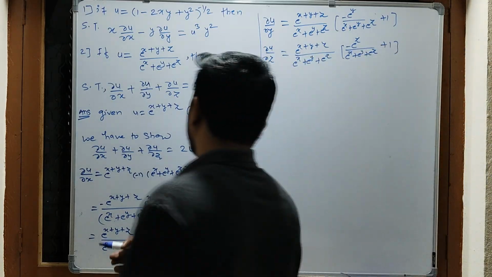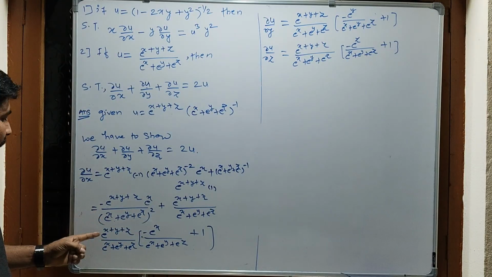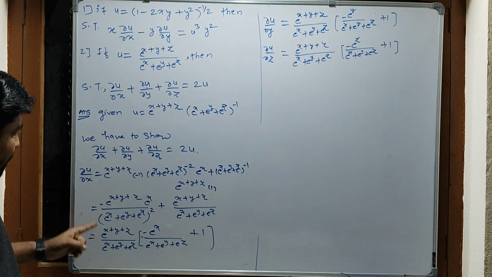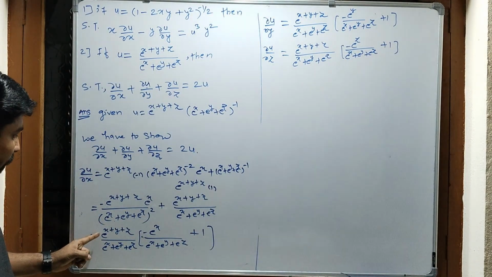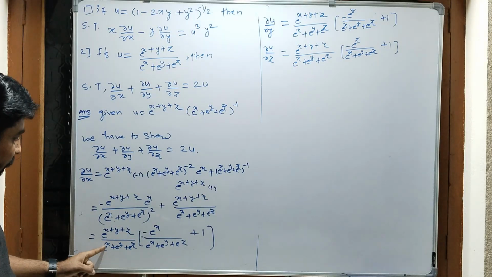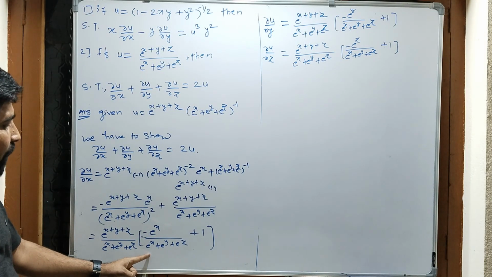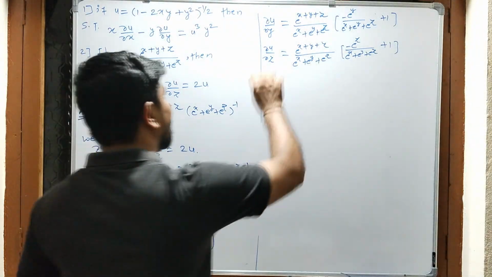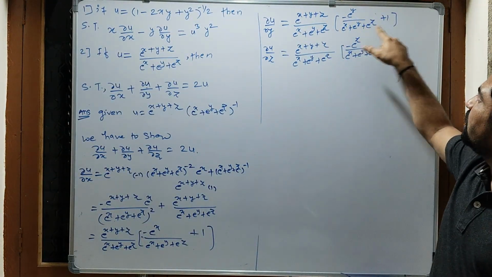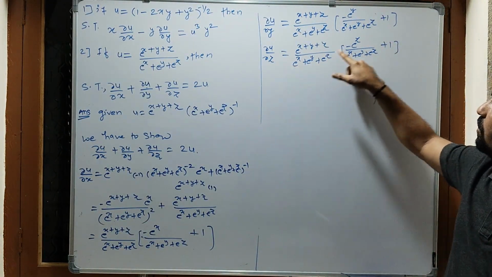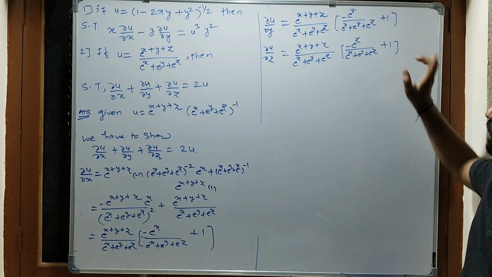Now just observe the pattern: for x, it is minus e^x by this plus 1; for y, the same, minus e^y by this plus 1; for z, minus e^z by this plus 1.